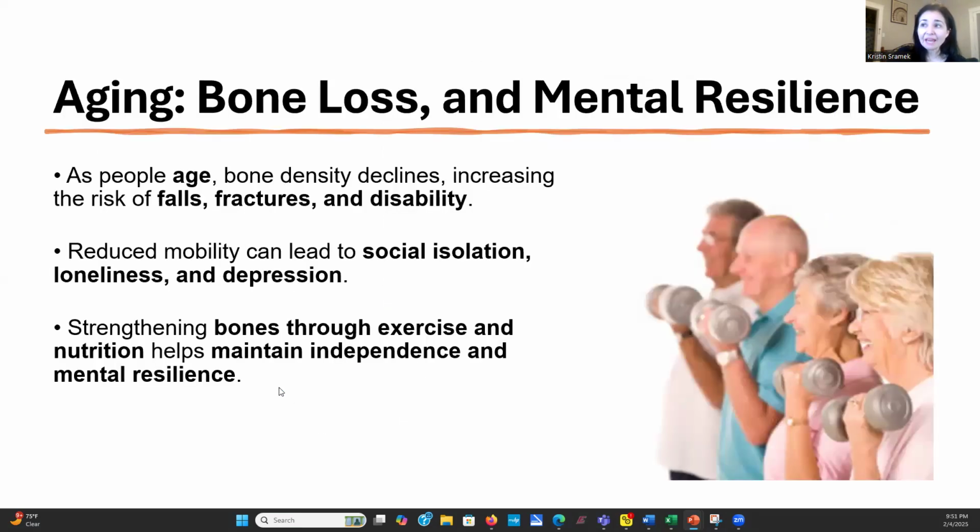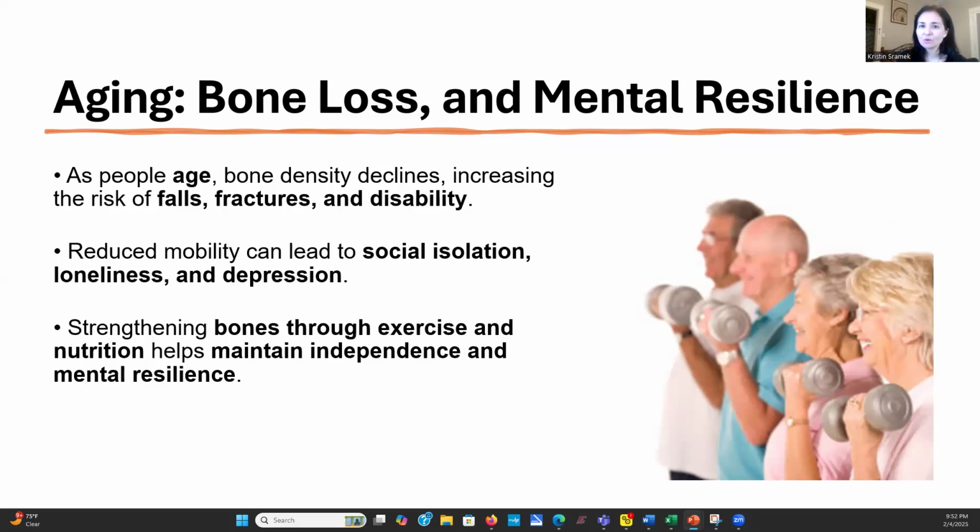And then in terms of aging, as people age, bone density, of course, declines, and this is very challenging for folks, especially if they fall. Then they're more likely to have fractures, and then as a consequence, they can have disability. If they have a disability, then that could make them not as mobile, meaning they can't move around as easily, and that tends to lead to a host of problems, including some social issues.